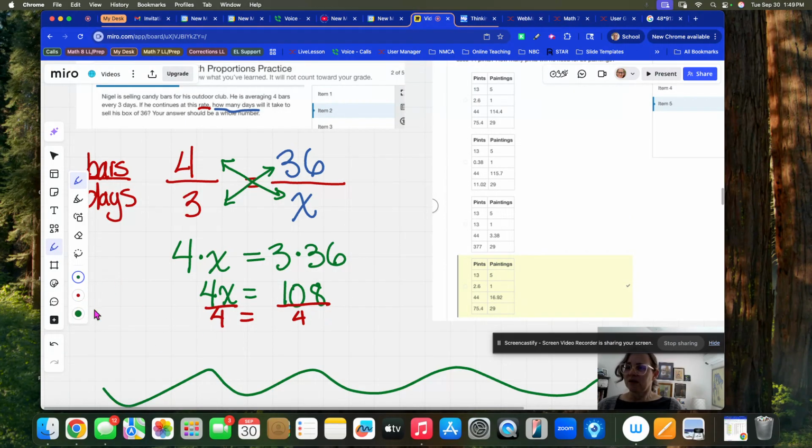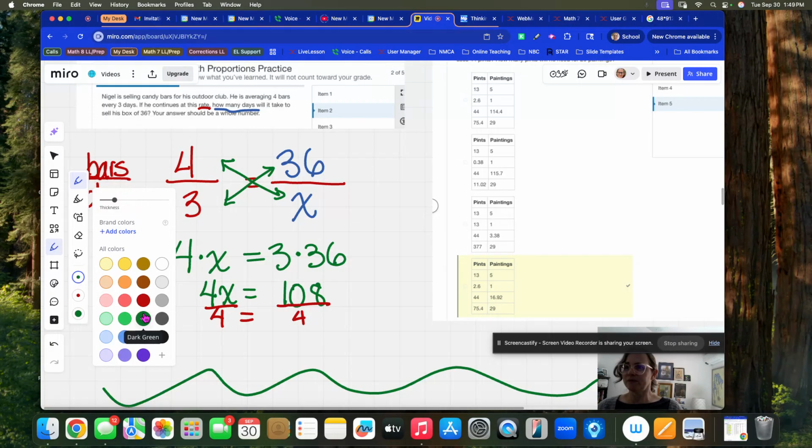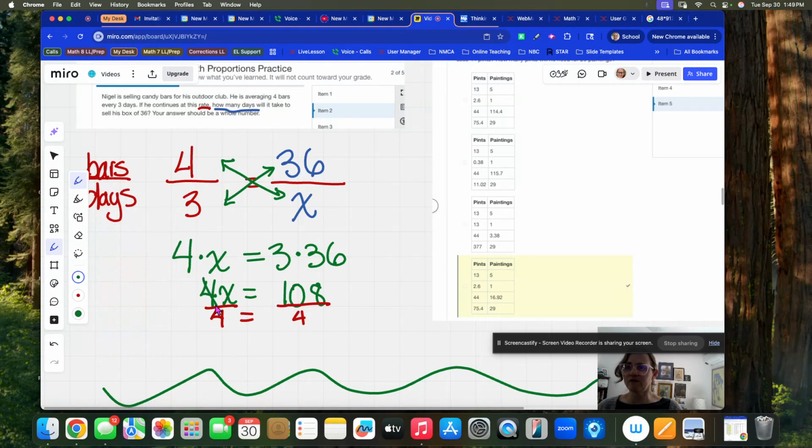Okay, so final answer here, 4 over 4 equals 1, so we get 1x, and then 108 divided by 4 is going to be 27. So same answer here, 27 days.